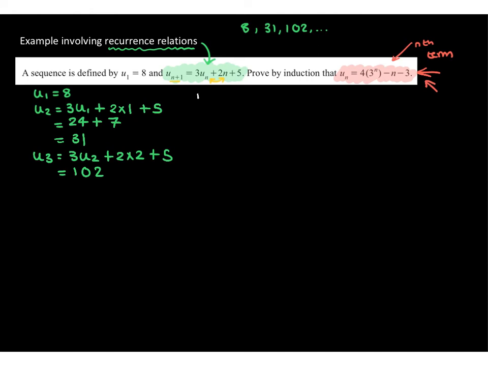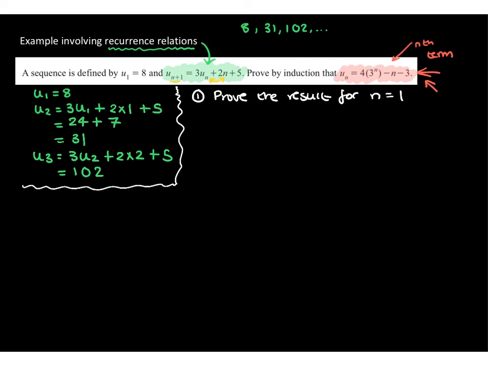So, of course, the first thing we want to do is prove that the result is true for a starting term, which of course is n equals 1 here. So prove the result for n equals 1. Now, we're given the information in the question that tells us that u1 is equal to 8. But does this formula here give us the same information?